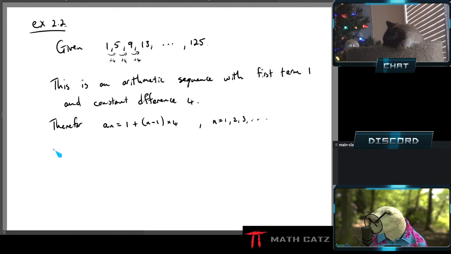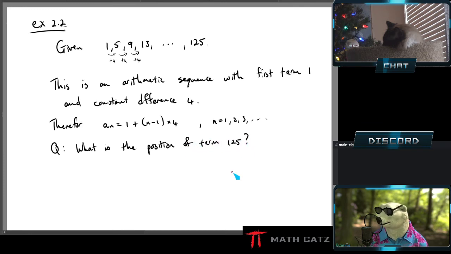So now our question becomes, what is the position? I'm rephrasing the question. What is the position of term 125? At some point in the sequence, I'll get a term that has the number 125.